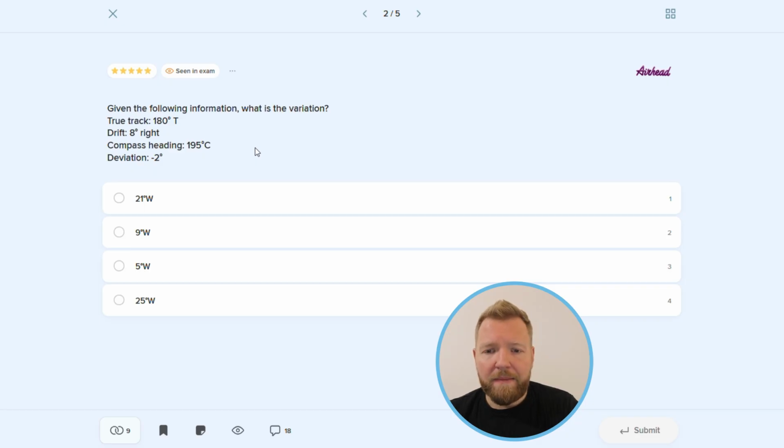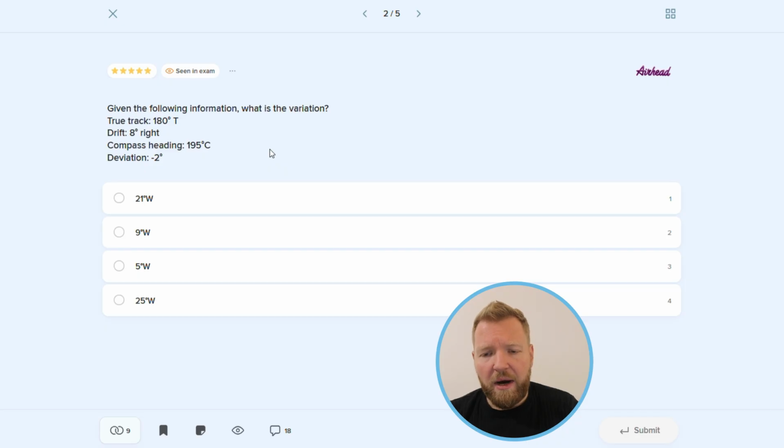Now, last important thing to remember is that whenever we talk about positive right or east deviation or variation, we'll be adding these values in our CDMVT equation. Opposite will be with left, negative, or west variation and deviation. Same will apply to right and left drift.